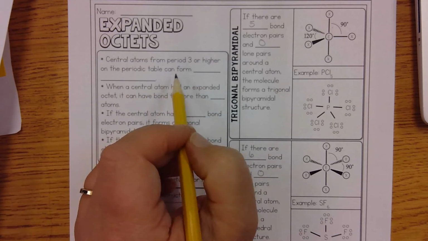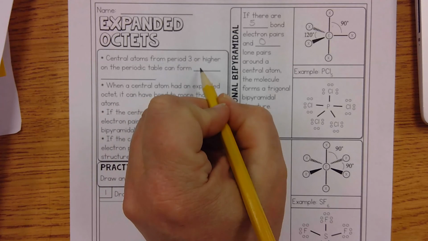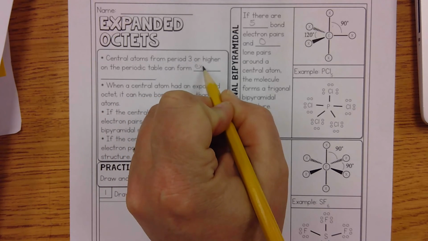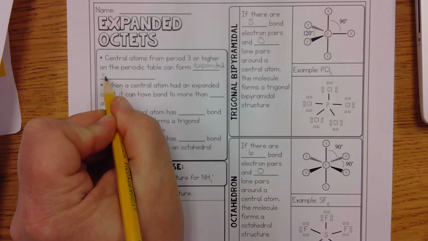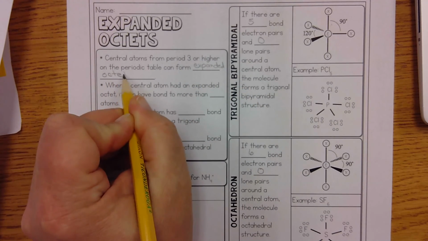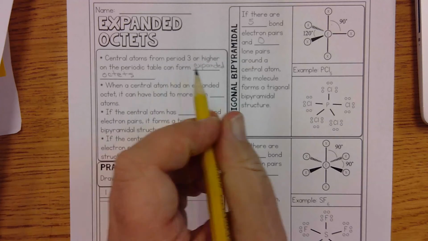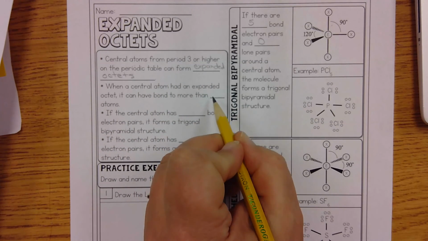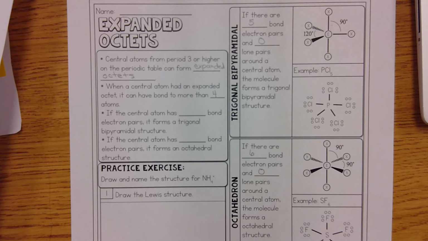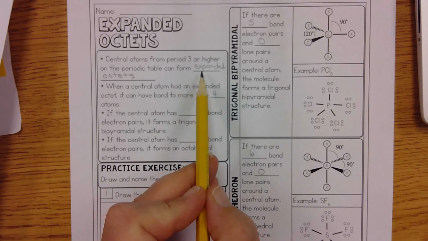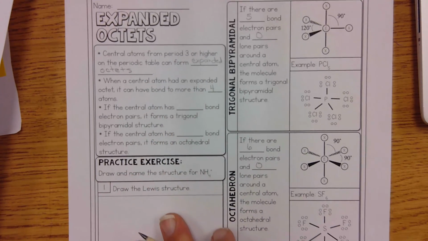Sometimes they can form what we call expanded octets, which means the central atom has more than 4 atoms it can bond to. So there's more than 8 electrons around that central atom, right? Remember the octet, there can only be 8. When we get up to some of the bigger ones, they can be expanded to have more than 8.